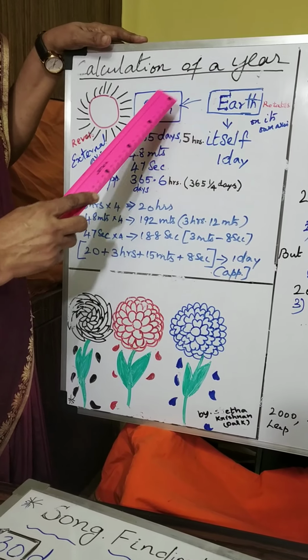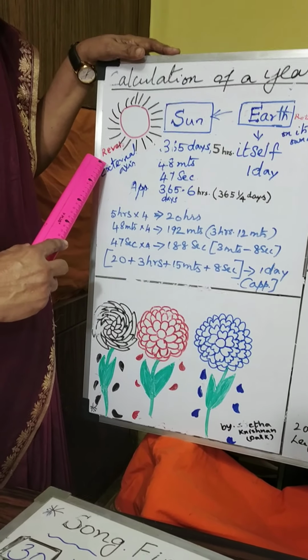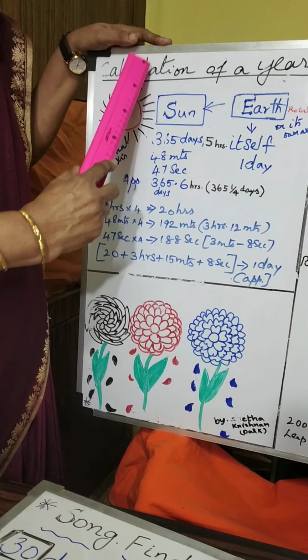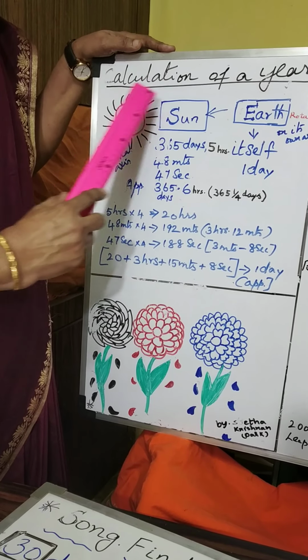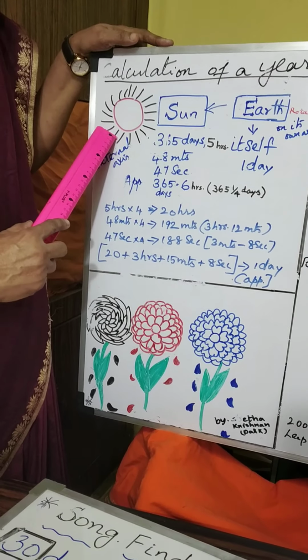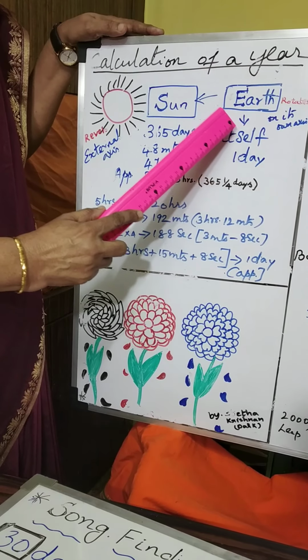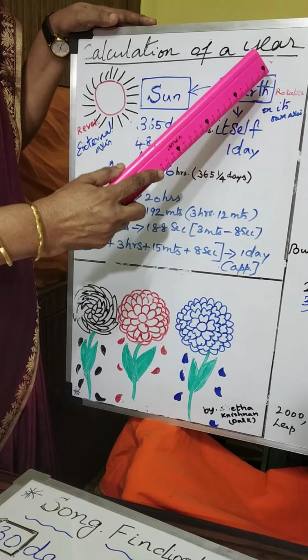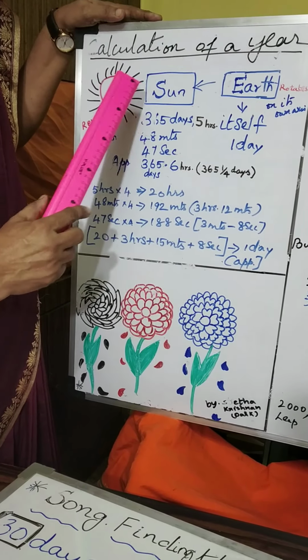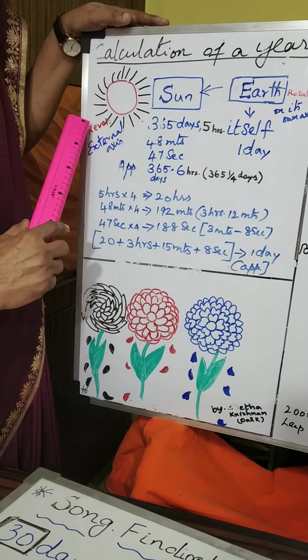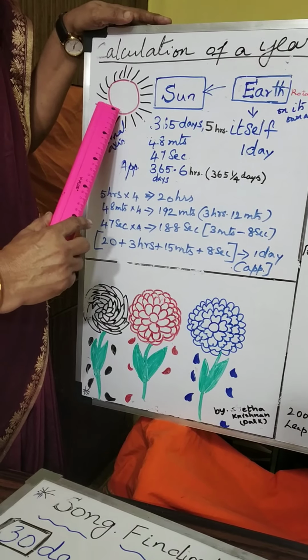Now, keeping the sun as an external axis, it rotates around the sun also. It is called revolution. I repeat again: Earth rotating on its own axis is called rotation. Keeping the sun as an external axis, it is called revolution.